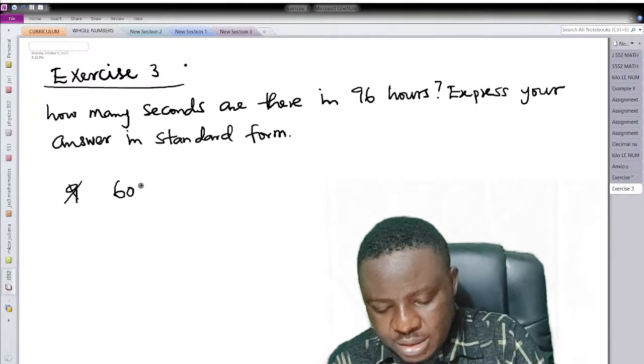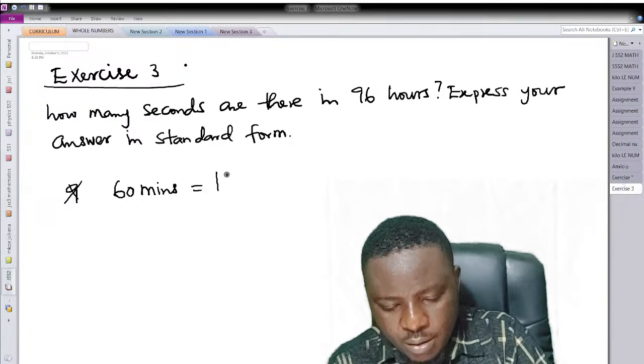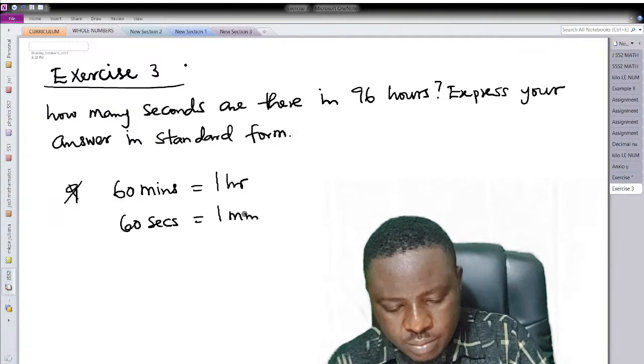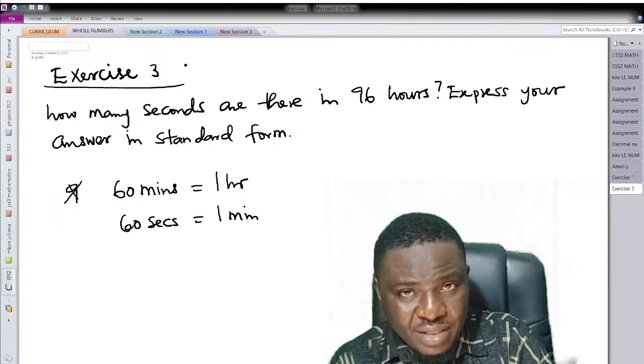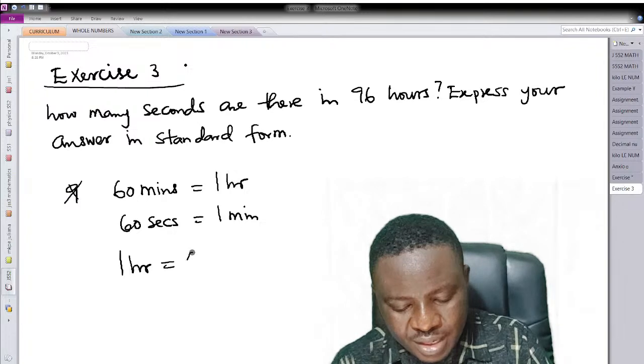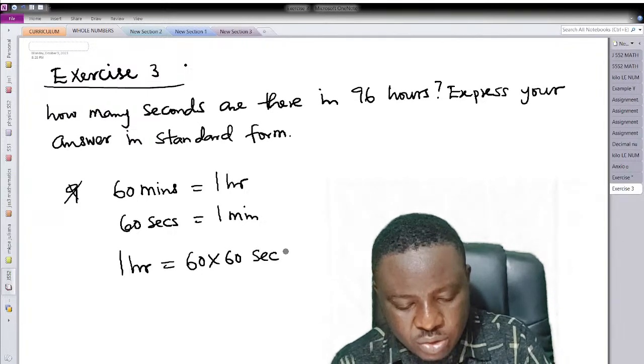If 60 minutes is equal to 1 hour, and 60 seconds is equal to 1 minute, then 1 hour will be equivalent to 60 times 60 seconds.